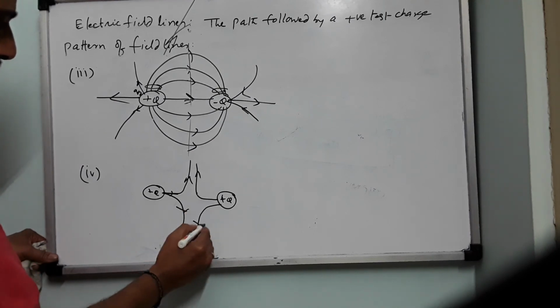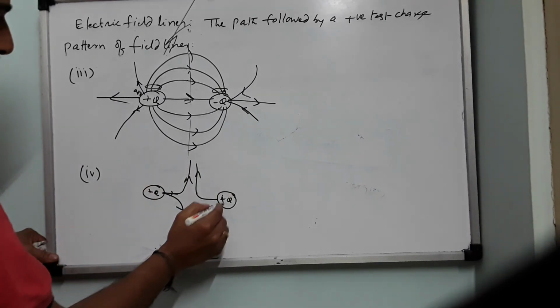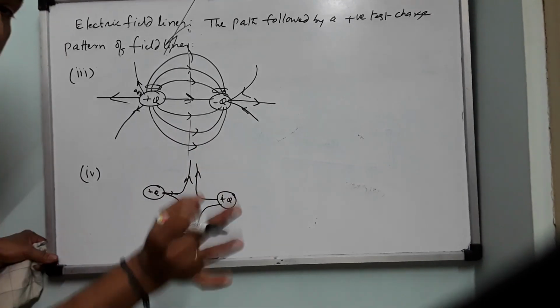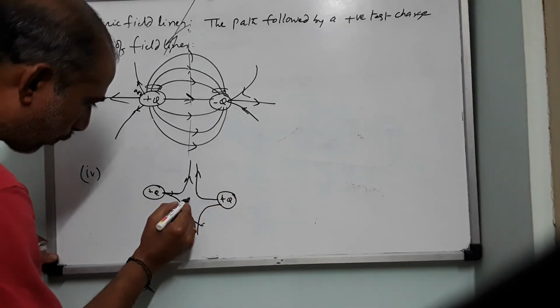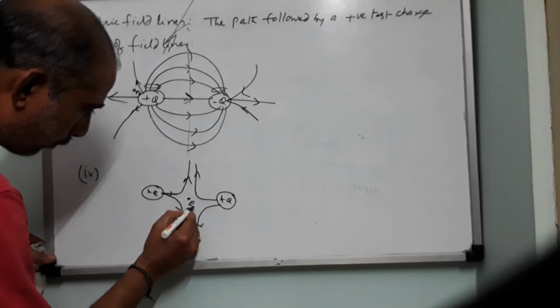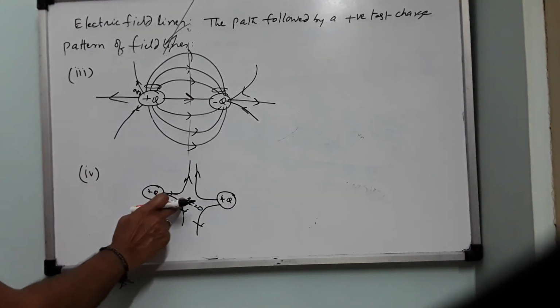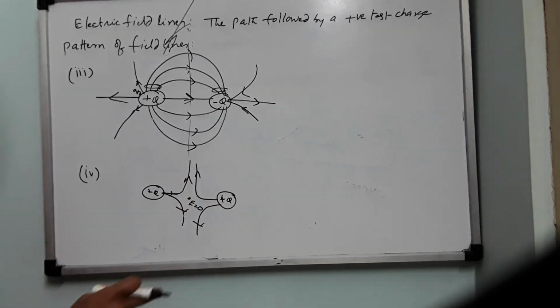You see, this entire plus Q and plus Q will make a system. The net charge in the system is not zero, but exactly at this point, the electric field is going to be zero. So it gives very surprising concepts. Electric field in the middle of these two charges will be zero, though the net charge on the system is not equal to zero.